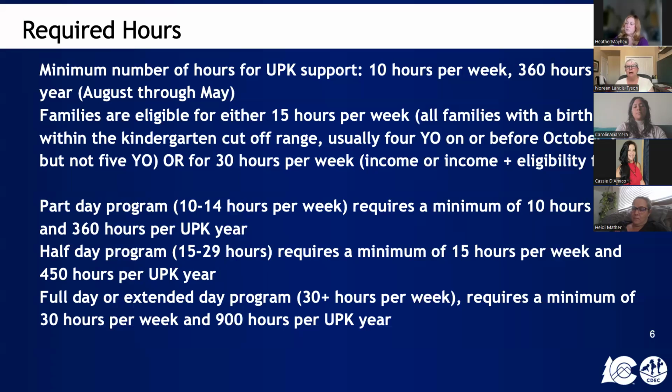You can offer a half-day program, which is anywhere between 15 and 29 hours, and that requires a minimum of 15 hours per week and 450 hours per UPK year. And or you can offer a full day or extended day program, and that's 30 plus hours per week, and it requires a minimum of 30 hours per week and 900 hours per UPK year.